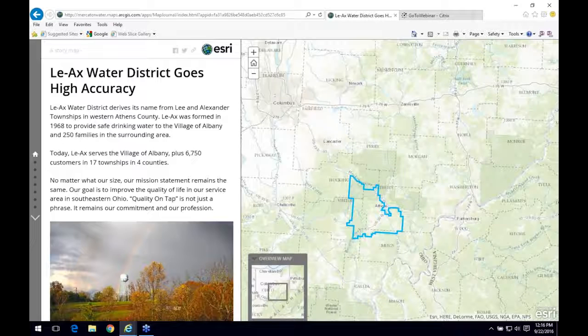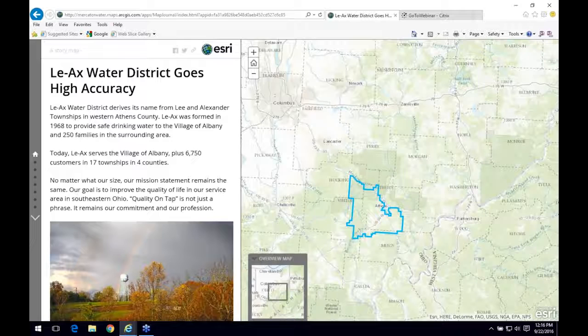Using Collector sped it up and made it so much easier for us. And we're currently getting ready to start yet another project to refine our source water protection to an even greater level, and I'm sure we'll continue to use this technology to improve it.